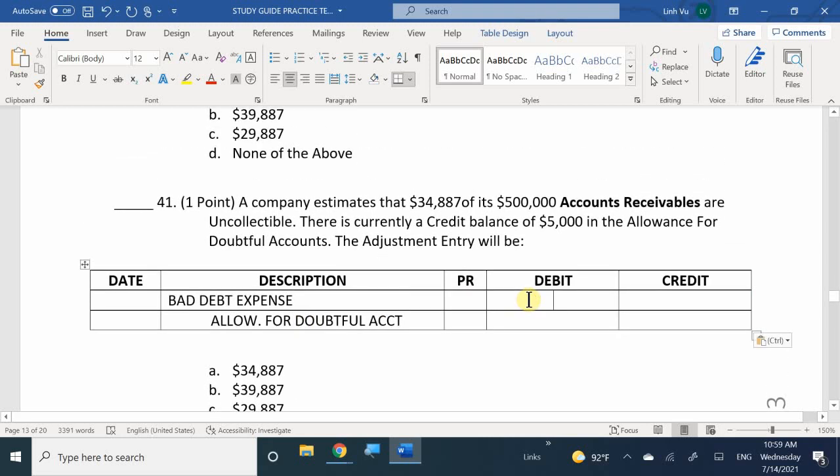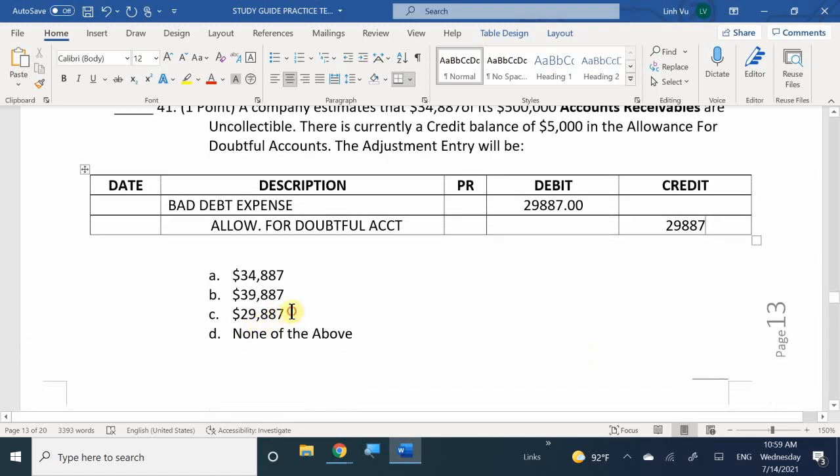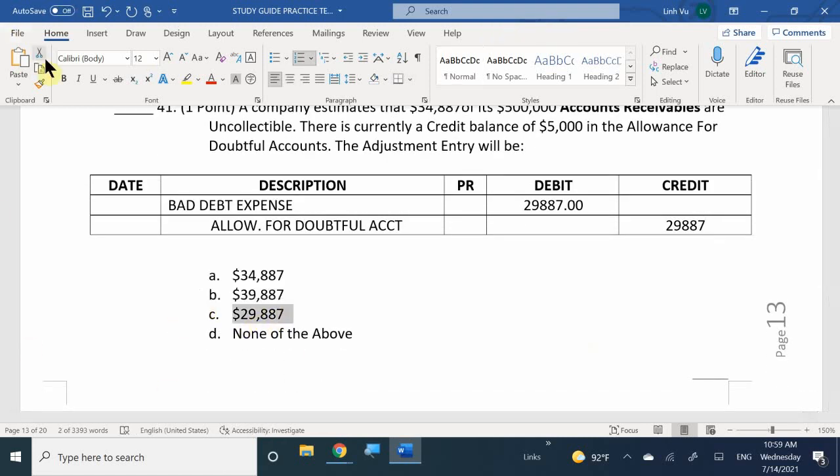In this case, the keyword is accounts receivable, and a second keyword is credit balance. So we need to subtract the 5,000 from the 34,887, which gives you 29,887, which is letter C.